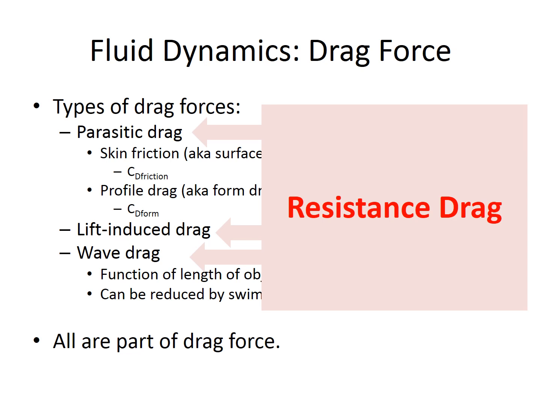I want you to know that this resistive drag can come from a variety of different sources during swimming. Now, if we had a little bit more time in the semester, we would go into these in more detail, but right now I'm really just going to focus on resistive drag as a category.